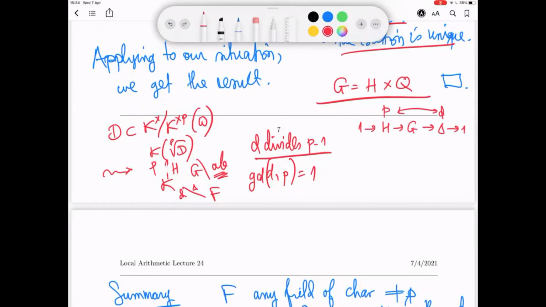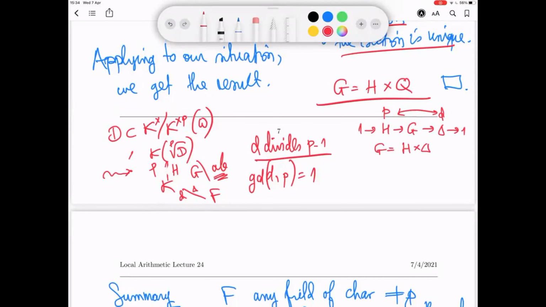Therefore, they are relatively prime, and therefore G is equal to H cross delta. And then if this is L, LH is of course equal to K, but I can take L delta. That's going to be a degree P cyclic extension, such that this L delta upon this degree P cyclic extension gives back D.